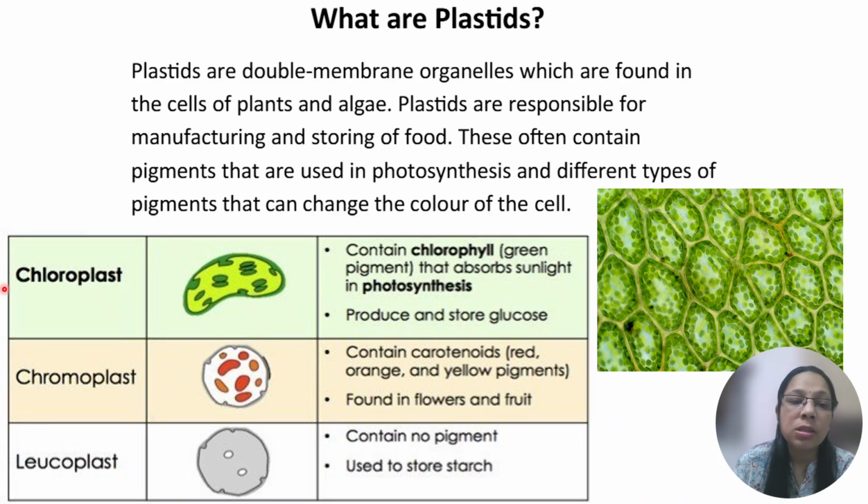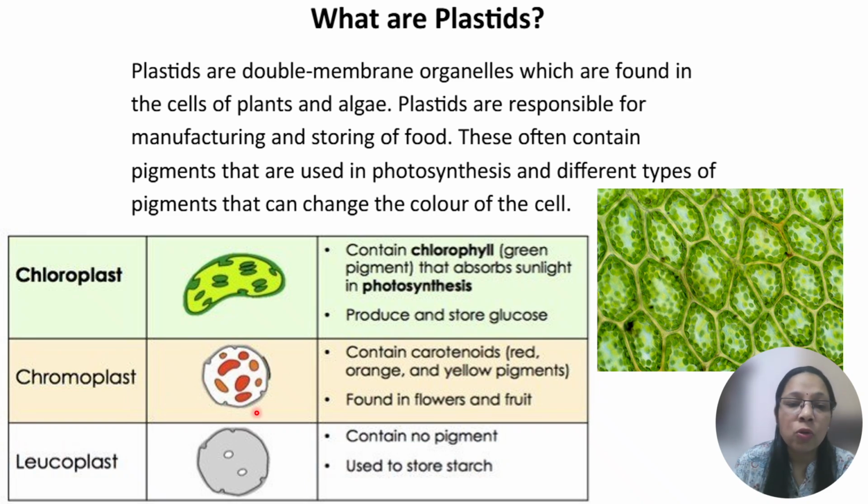Now remember this, the chloroplast is the only plastid which is involved in production. So the rest of the plastids are not involved in photosynthesis, whereas they are involved in storage. So chromoplast, this chromo word stands for pigment, which is a coloring pigment, that is carotenoids, right?